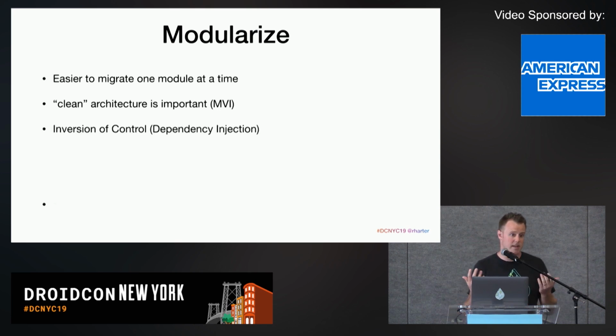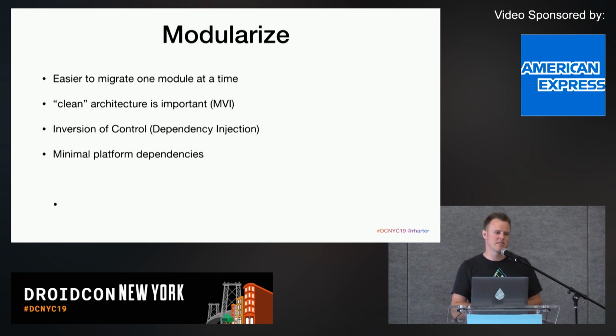I use MVI, but the other thing is inversion of control. As we're converting things to multi-platform, we really need to reduce dependency by making sure things aren't reaching into other things to get what they need. So providing dependencies via constructors, via a service locator, dependency injection frameworks, whatever that is.